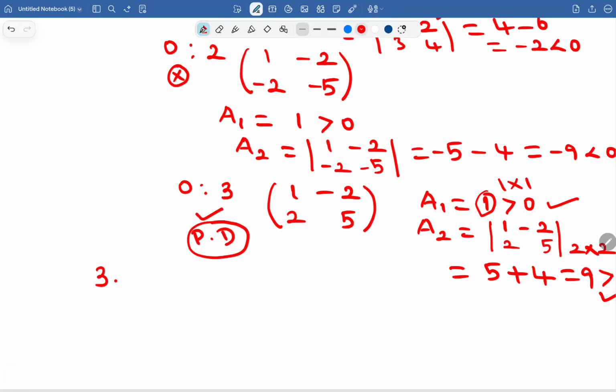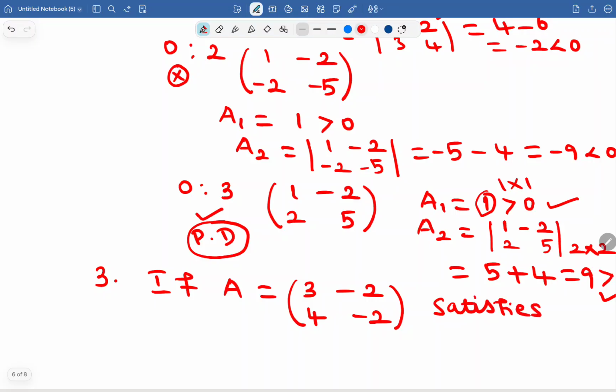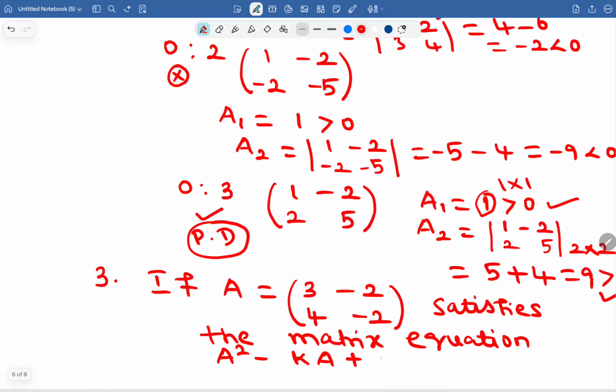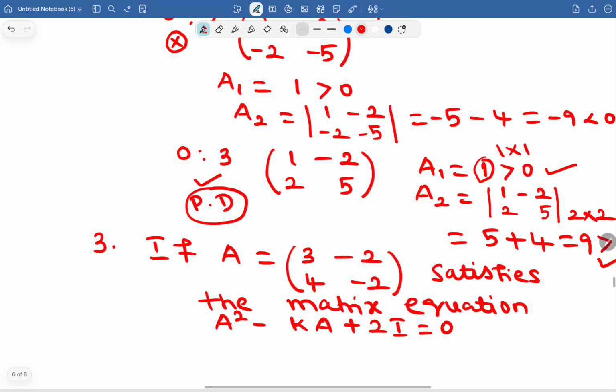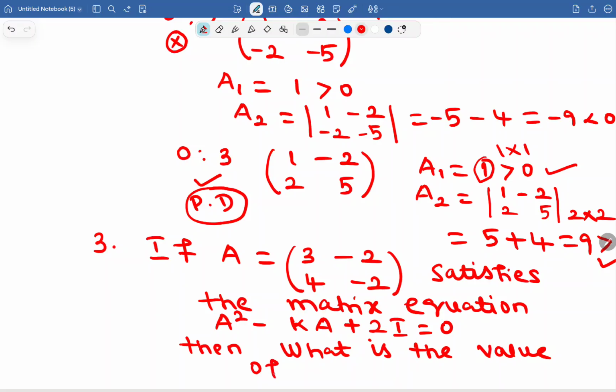Third problem. If A equal to 3 minus 2, 4 minus 2 satisfies the matrix equation A square minus kA plus 2I, which is equivalent to 0, then what is the value of k?